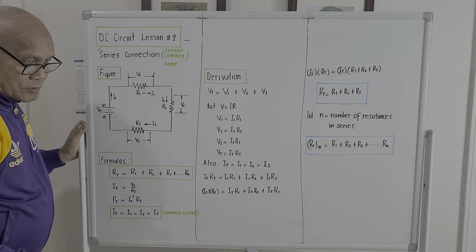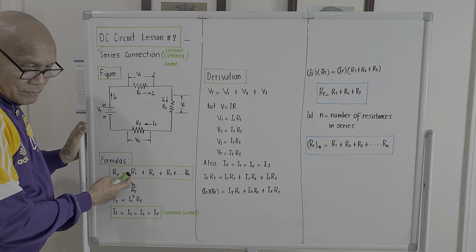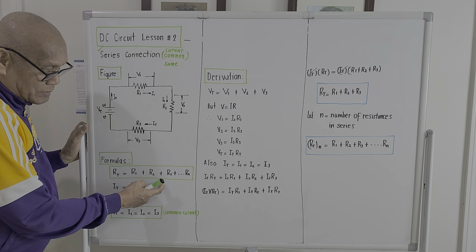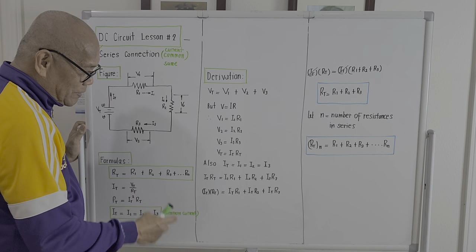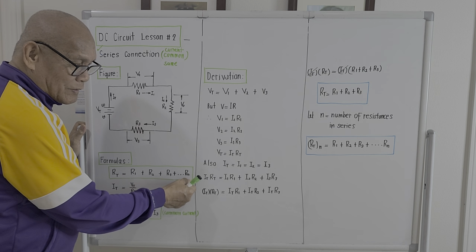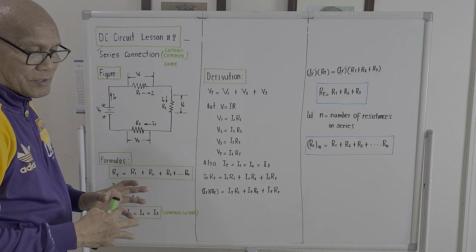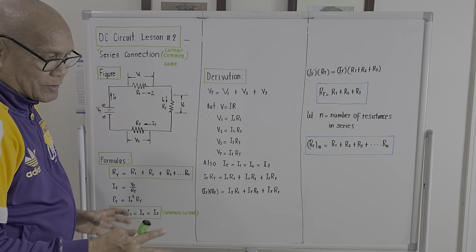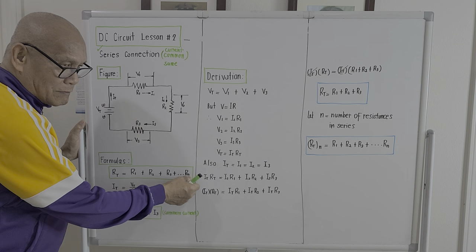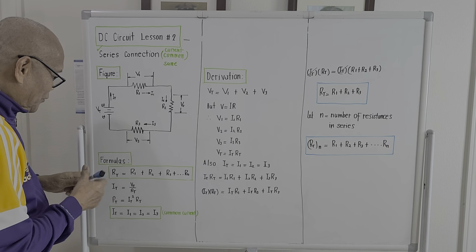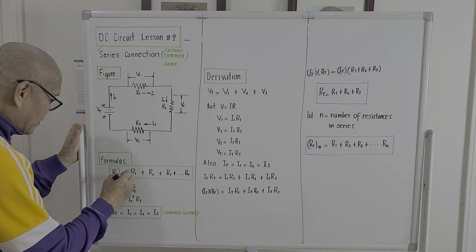For it to be a series connection, R sub T should be the sum of R1 plus R2 plus R3, plus, I place the last one to be R with the subscript N. It depends on how many resistances are connected in series. That's why I put a general equation here. The last one will be R sub N.